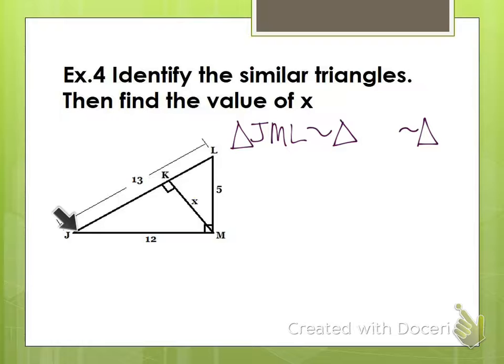So we started with angle J for our giant triangle, and that's where they overlap. So I would start with J again. M is the right angle for the giant triangle. So the right angle for the one we're talking about now is K, which leaves M as the finisher for that triangle.